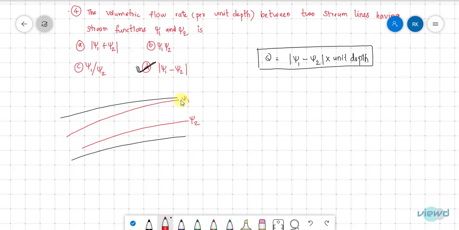Suppose I need to find a discharge. So the volumetric flow rate or discharge is, I am considering this part, and let me say this is x1, y1, this is x2, y2.